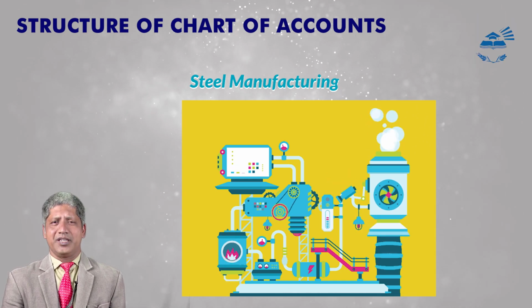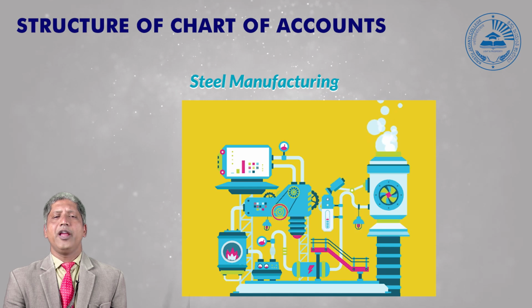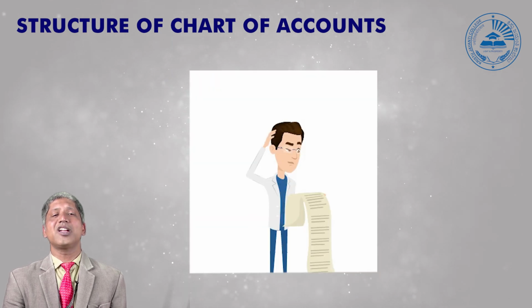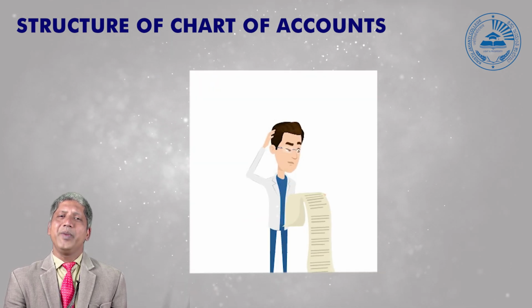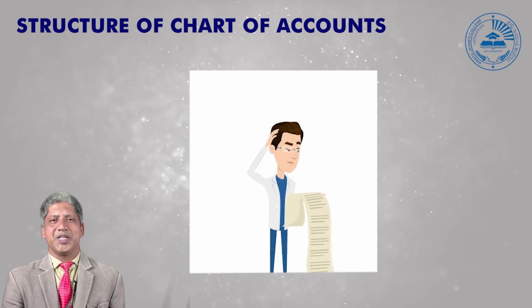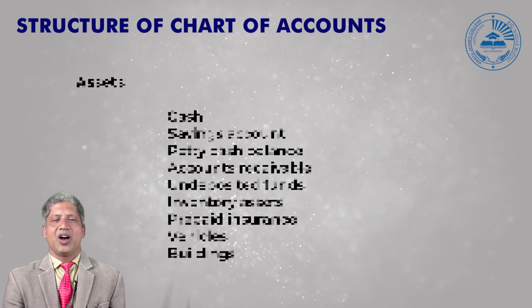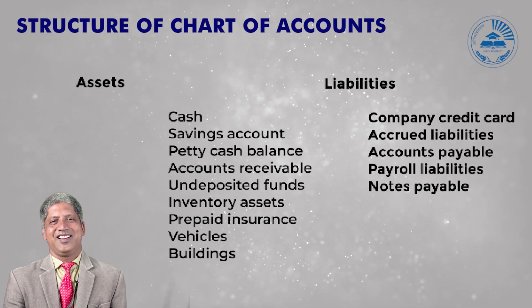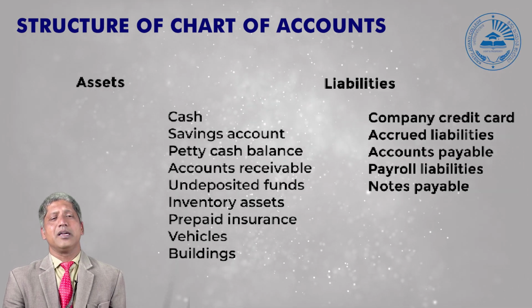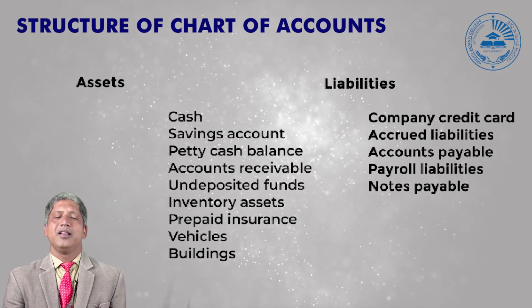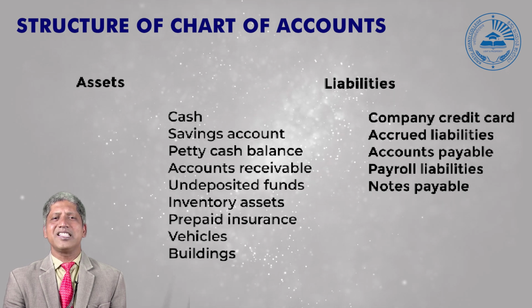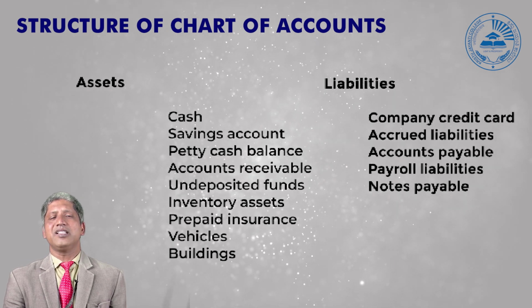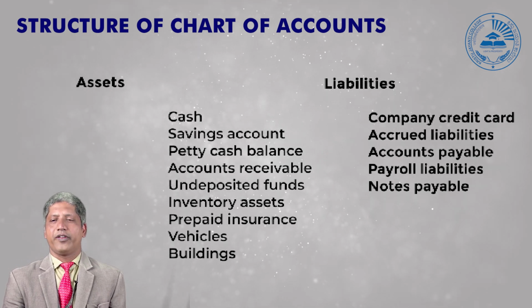To produce the steel, when I follow this chart of accounts, I can list all my expenses, all my revenues, all my assets, all my liabilities in a format. That listing itself is the structure of the chart of accounts.